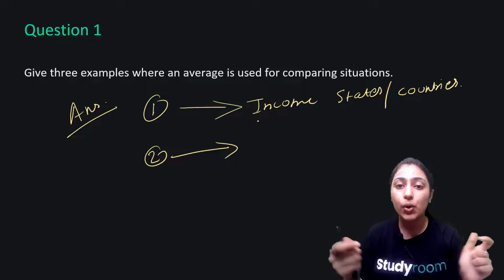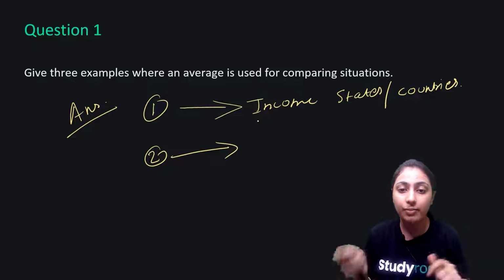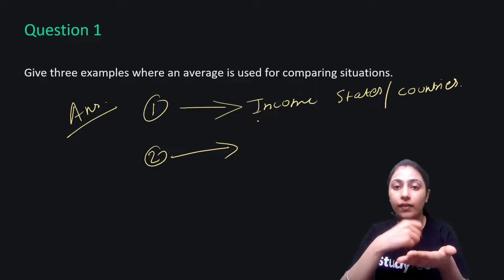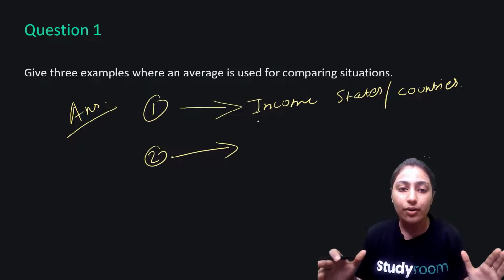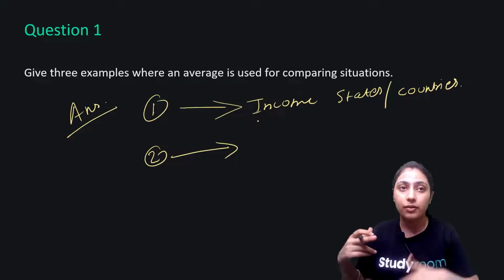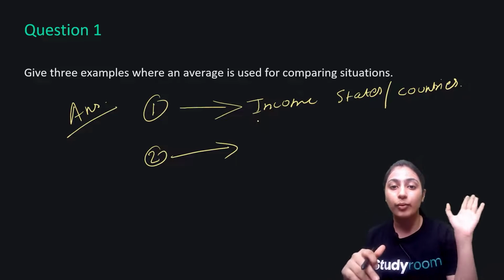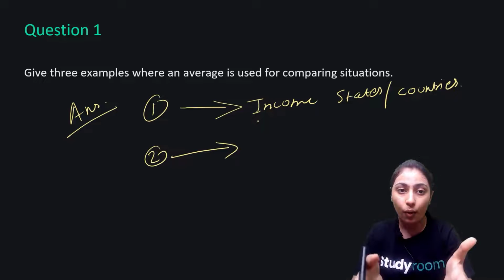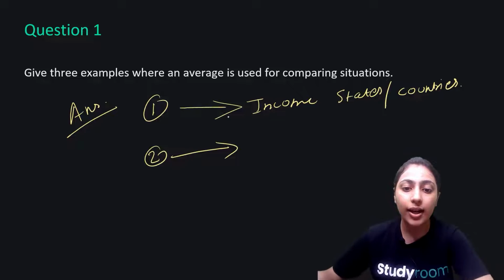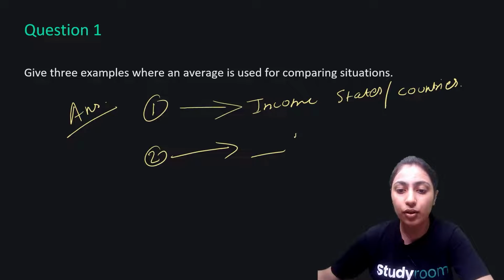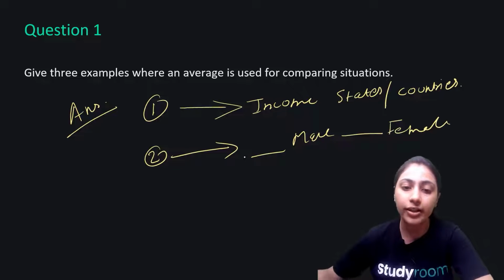Instead of going door to door and noting it down, we run a survey as to how many infants that were born were female and how many were male. We take the average and then we tell, okay, this much is male and this much is female. So this can also be a second example.